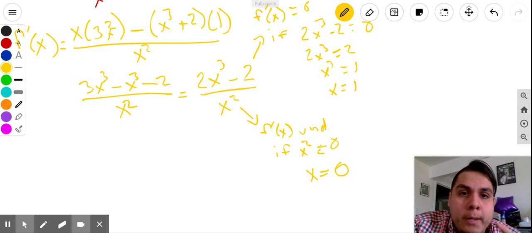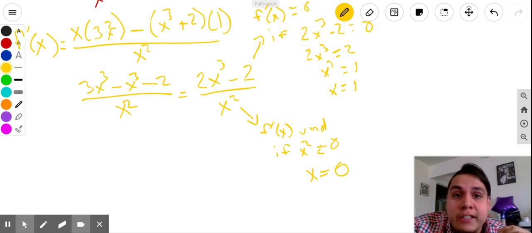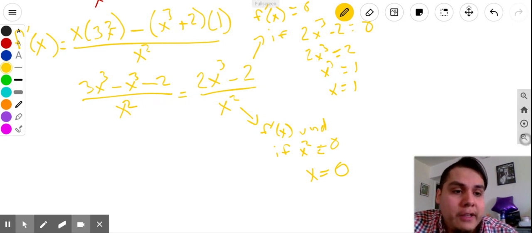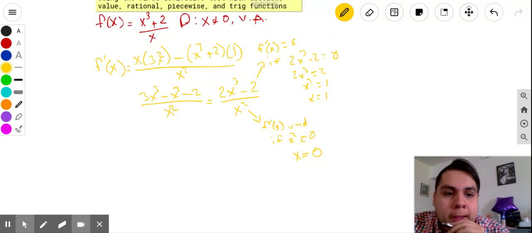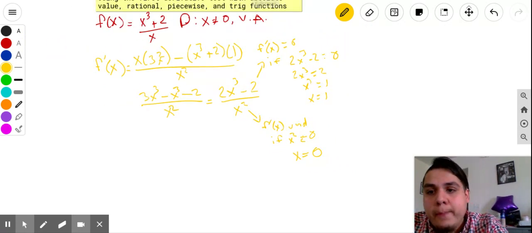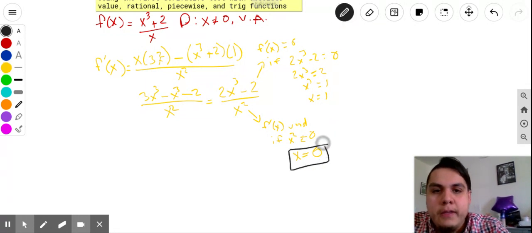Okay, but here's something important to begin with. Remember, the critical numbers work if the function is continuous. Our function was not continuous, and here's where we run into a little dilemma. Technically, this value of x is outside the domain.